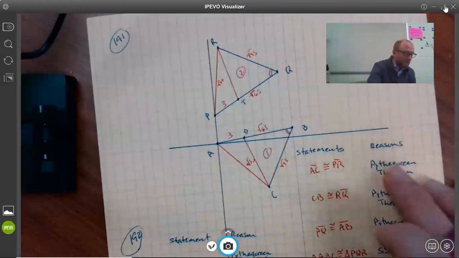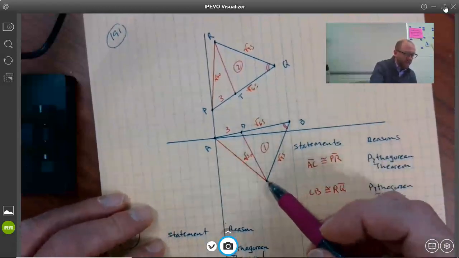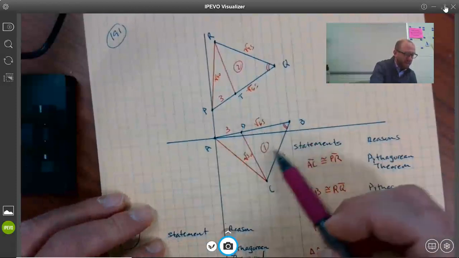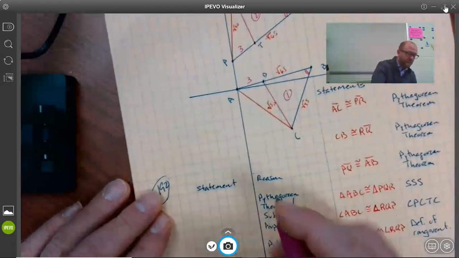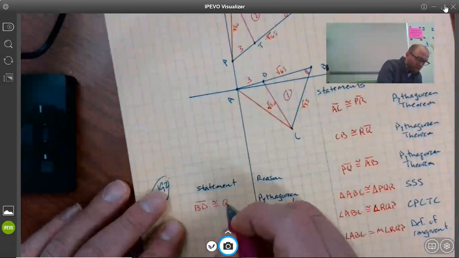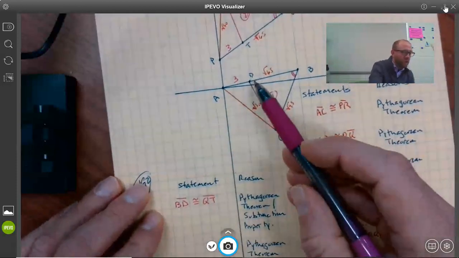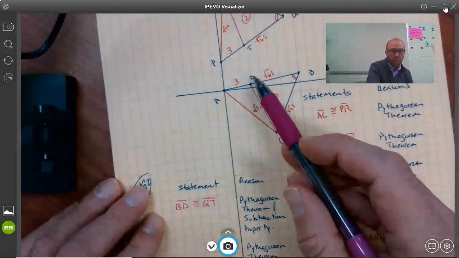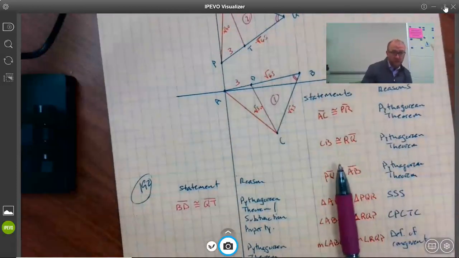Okay. Well, first of all, we could say that side BD is congruent to side QT. Now we could, I suppose, go ahead, actually figure out the coordinates for point D, figure out the coordinates for point T, calculate the distance between them. But anyways, actually calculating those lengths is kind of doing a lot.